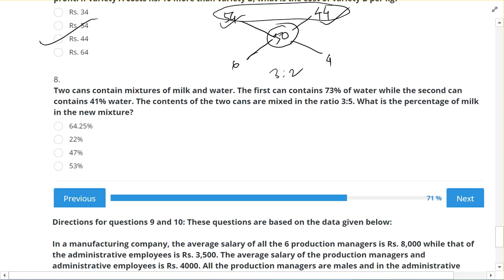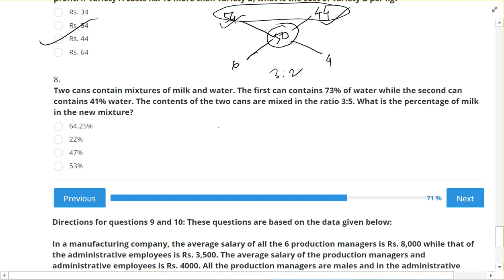Two cans contain mixtures of milk and water. The first can contains 73% of water while the second can contains 41% of water. The contents of the two cans are mixed in the ratio 3:5. What is the percentage of milk in the new mixture?